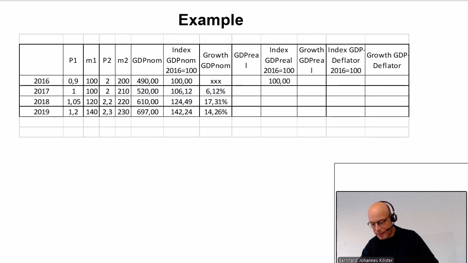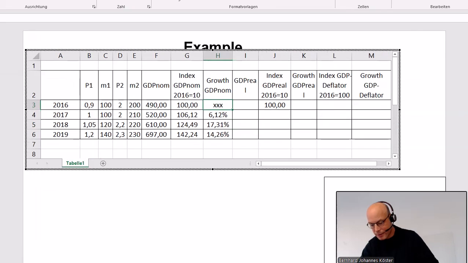So then again, the funny question, what would be real GDP in 2016? It's again not possible because we would need the prices of the year 2015. So this is not possible.